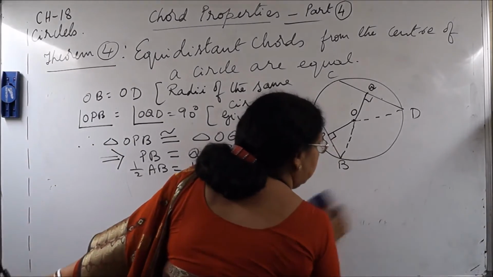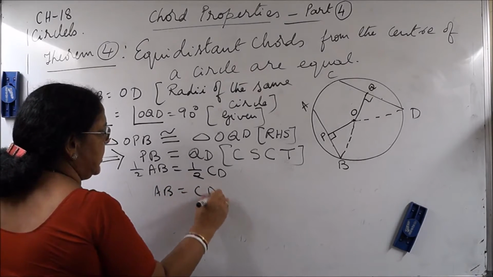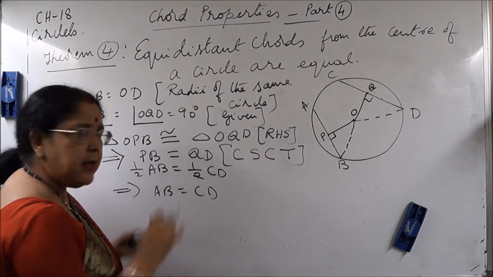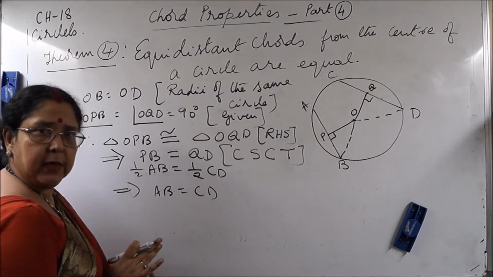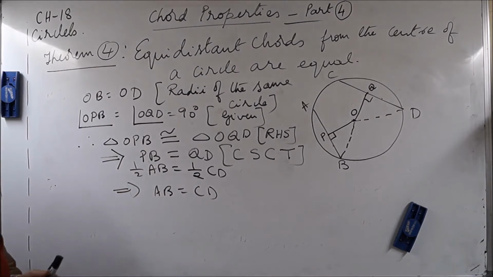Okay, so we have proved that AB is equal to CD. So if the chords are equidistant from the center, then the chords will be equal. So we have proved that what is stated in this theorem is true.